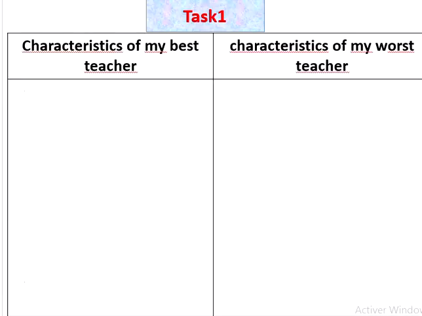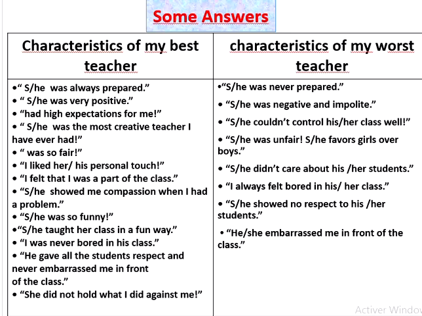So the first task that I will ask you, I will give you 1 minute to think about characteristics of my best teacher and characteristics of my worst teacher. Of course, the characteristics of my best teacher: he or she was always prepared, he or she was very positive, had high expectations for me, was the most creative teacher I have ever had, was fair.